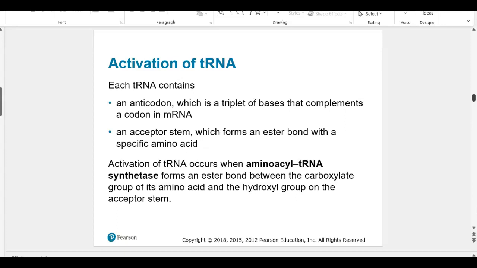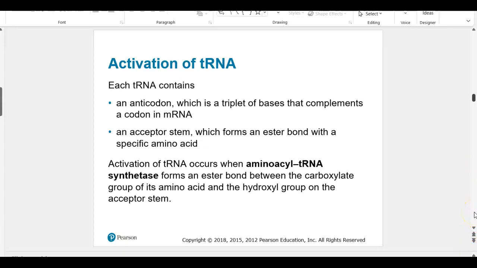Okay, so what you get is an ester bond at the acceptor stem of the transfer RNA, and there's a couple of diagrams around here. So that transfer RNA lands on the messenger RNA on the ribosome, and they line up, and there's enzymes which are going to detach the amino acid from the transfer RNA and attach it to the growing protein chain.